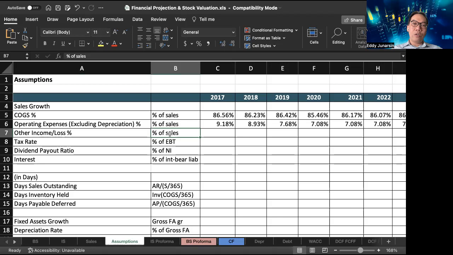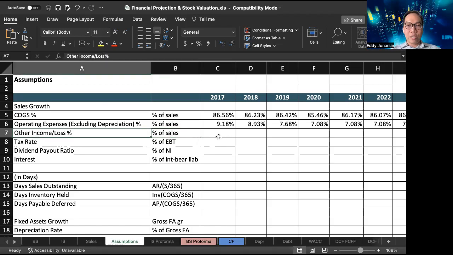So you could say the amount is the same or similar for the next 10 years, or you could assume that it will increase by 1% per year, or you can make another regression analysis for this item as well.